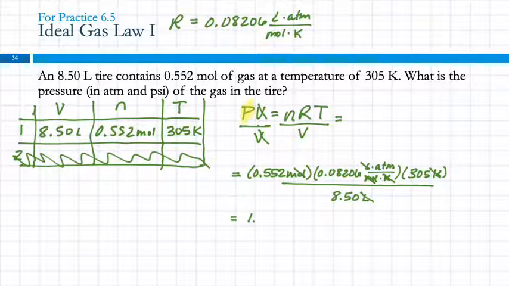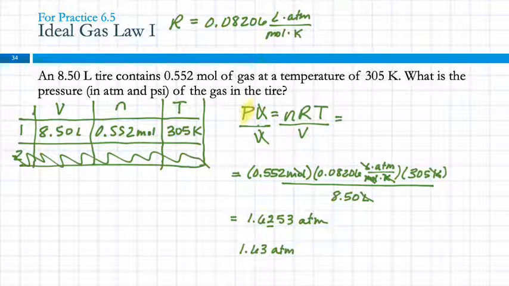So 1.6253 atmospheres. So the pressure in atmospheres is 1.63 atmospheres. Anybody else do the math and get that number? Yeah. And then it also asks for the pressure in PSI.